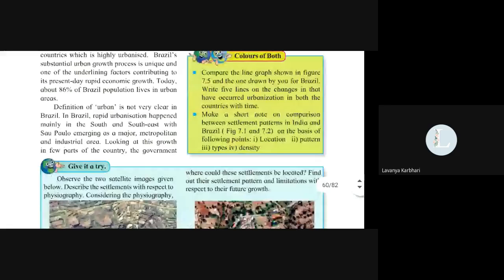Write 5 lines on the changes that have occurred in urbanization in both the countries with time. How that graph changed, you have to write some sentences about that. Make a short note on comparison between settlement patterns in India and Brazil on the basis of the following points: location, pattern, types, and density.